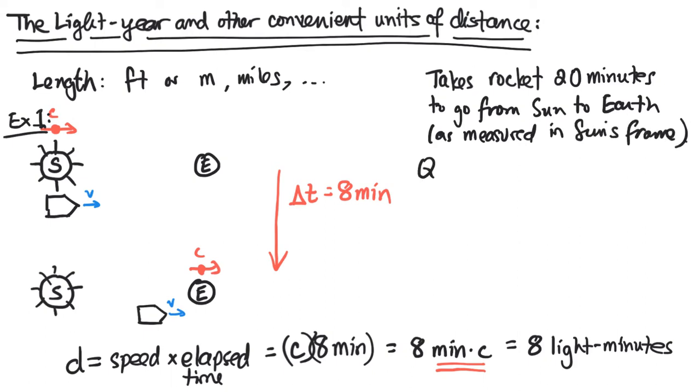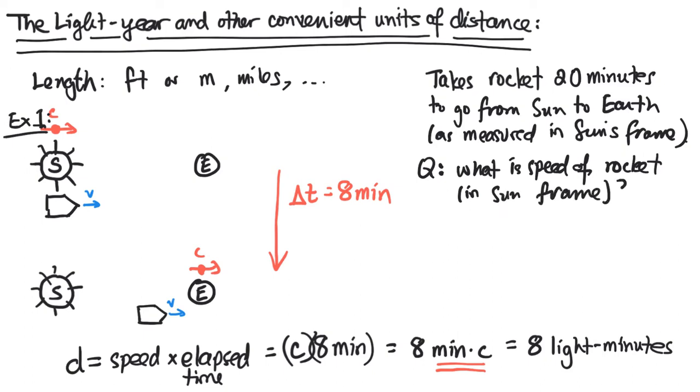One question we could ask, given that information, is what is the speed of the rocket, again in the sun frame? We know that distance is speed times time. So if we're trying to solve for speed, we can write that as distance traveled divided by elapsed time.